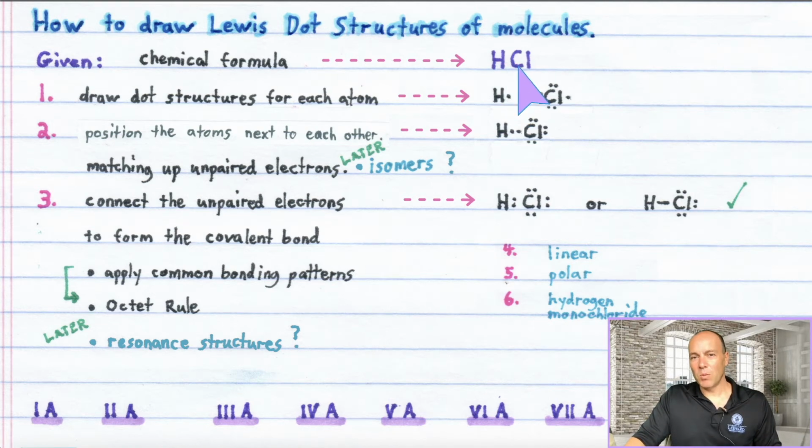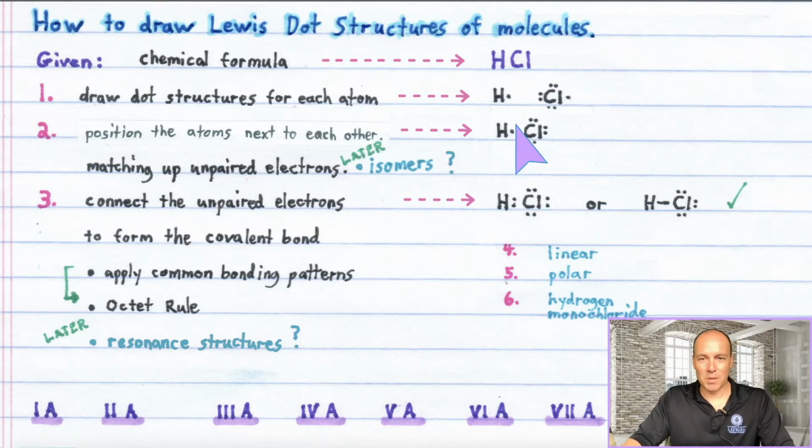But when you're just dealing with 2 atoms, there's only one way to do it. They have to go next to each other. When you've got 5 or 6 atoms, then there are multiple ways. Maybe one of them goes in the middle in one isomer, and then another one goes in the middle in another isomer, surrounded by the other ones, and so that's for more complex formulas, and we'll discuss that later.